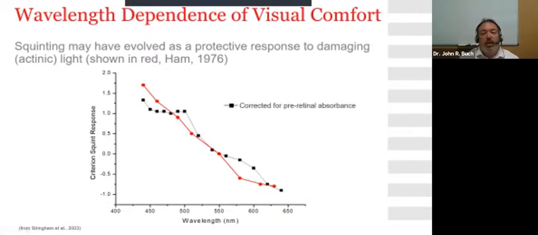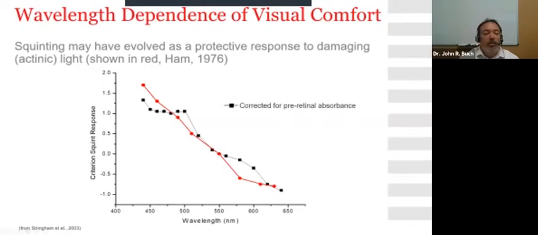What you see in this graph is that this red line was generated by hand back in 1976, showing the amount of retinal damage that occurs for a given wavelength. You can see that the shorter wavelengths are definitely more actinic, more damaging, more active than the longer wavelengths.